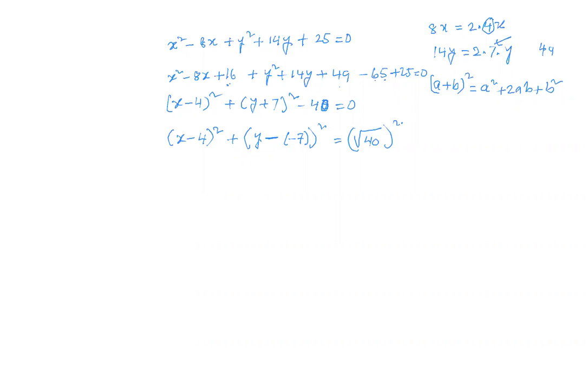So h is equal to 4 and k is equal to negative 7. And r is equal to square root of 40. So your circle has a radius of square root of 40 and is centered at 4 comma negative 7.